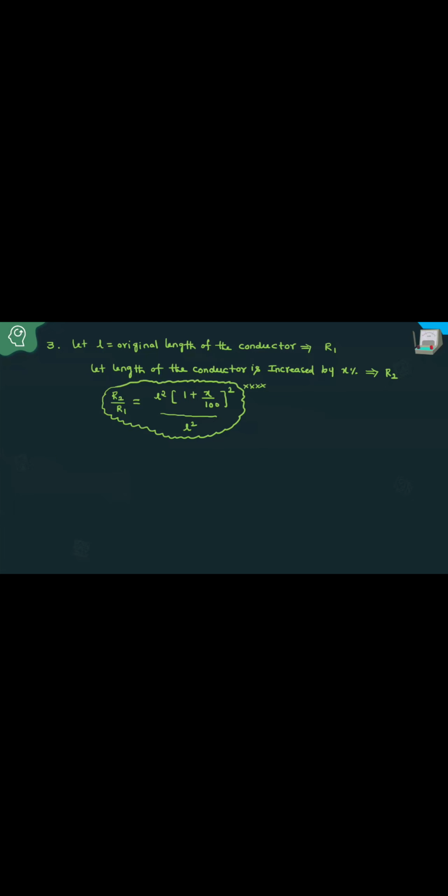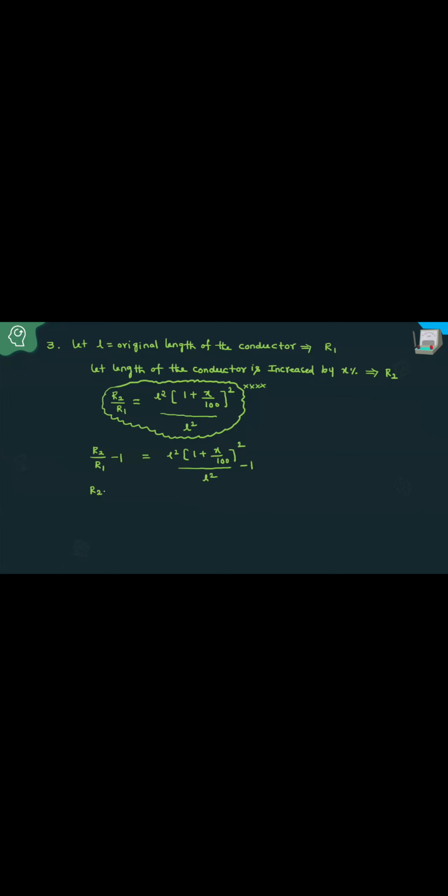Then if you simplify this, nearly we can get R2 by R1 minus 1. Both sides I am doing the minus 1, students. Then L square into (1 plus X by 100) whole square by L square minus 1.